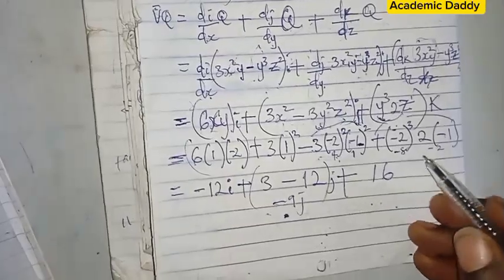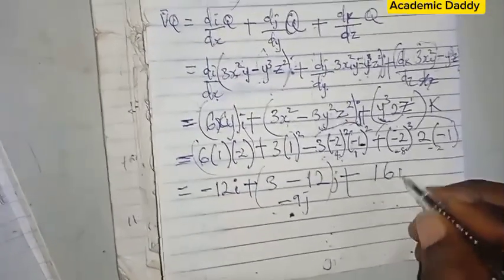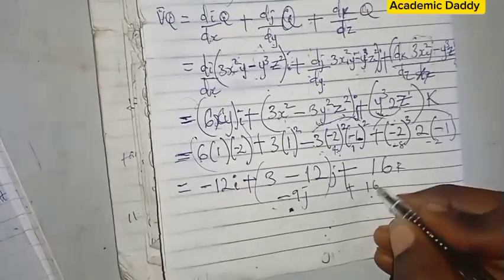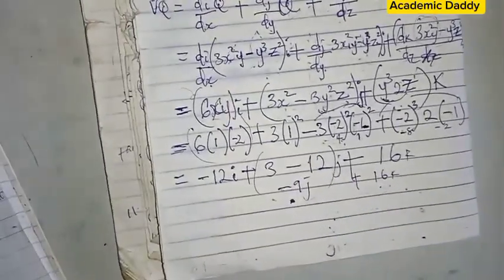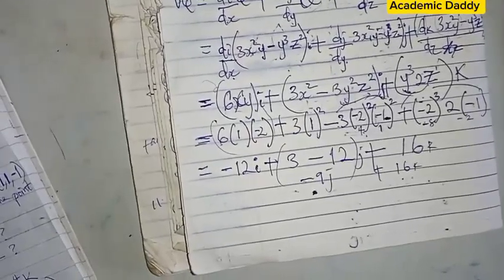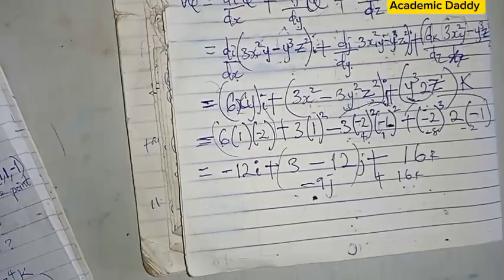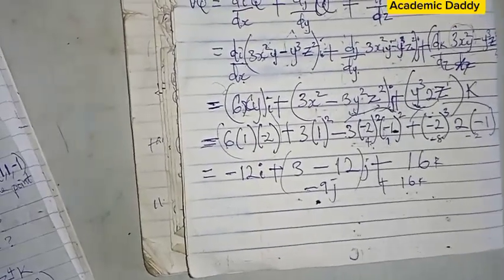Then this one, when you did -8 times -2, you get 16 and it's in k. So plus 16k. So there you have it. You get plus 16k.